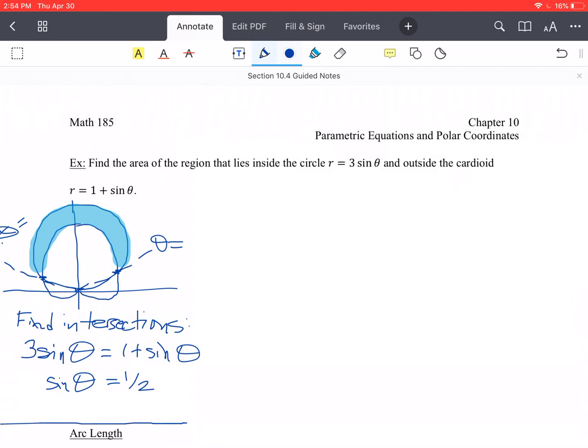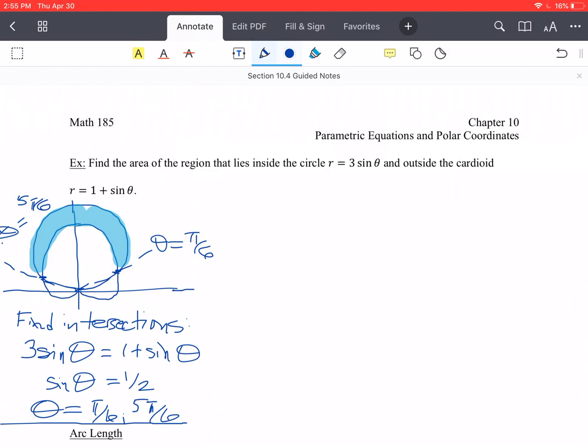Okay, so there are only 2 theta values in the unit circle that give us sine theta equals 1/2, and they're both in the right quadrants, so that's a good sign. So these values are pi over 6 and 5 pi over 6. So this value is going to be theta is pi over 6. This one is going to be theta is 5 pi over 6.